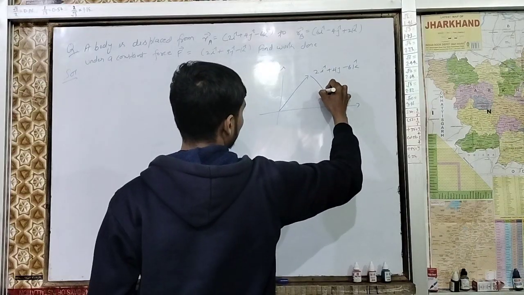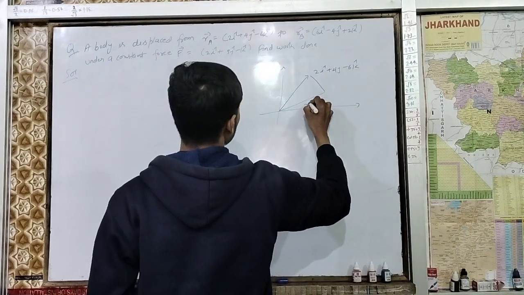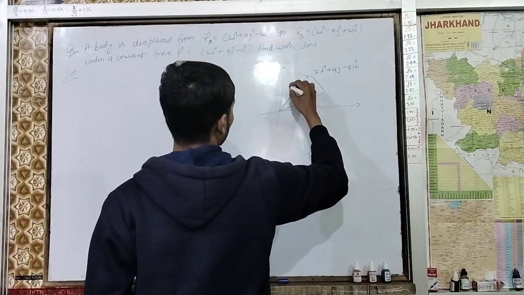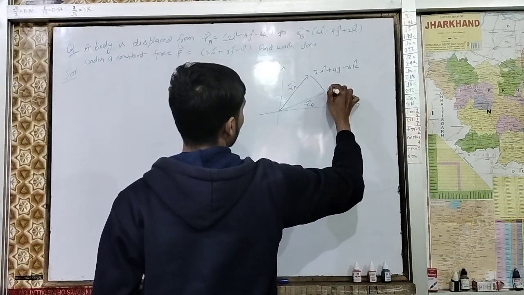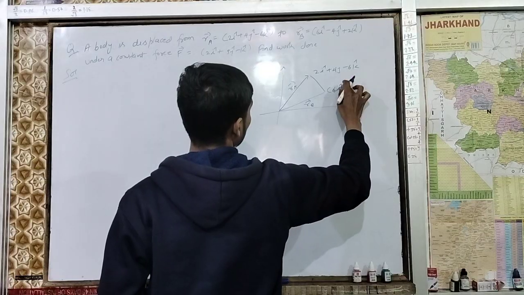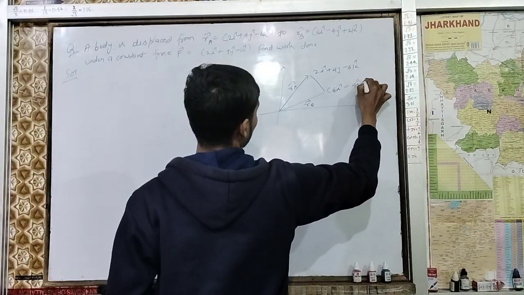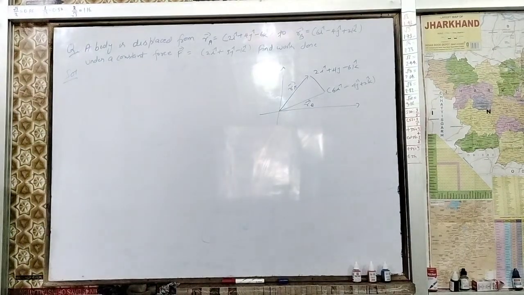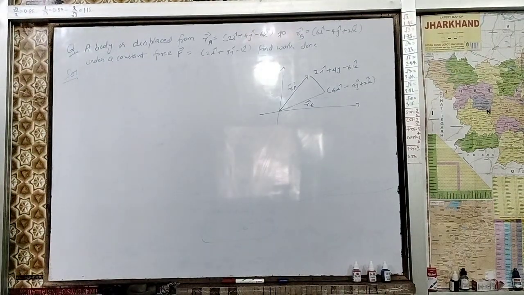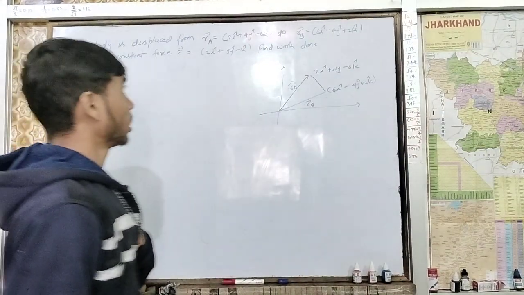Then it went over here, whose position vector is 6i cap minus 4j cap plus 2k cap. This is the position vector of the final location of the body.